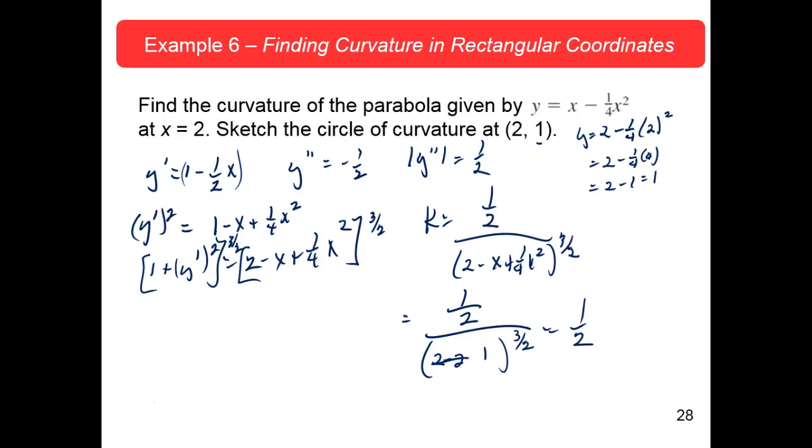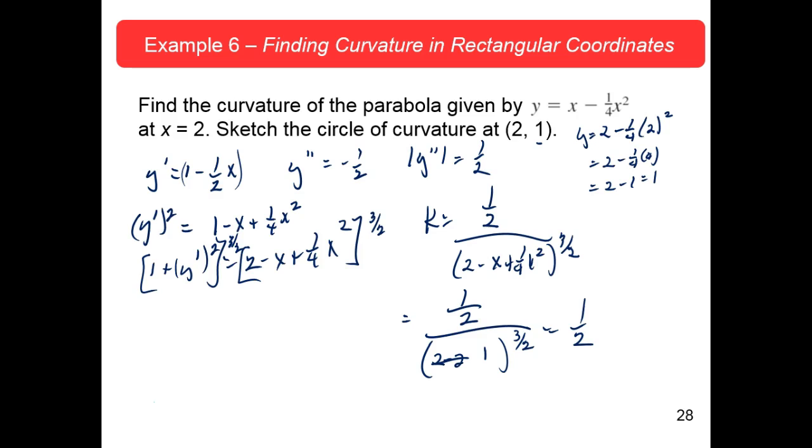Since the curvature is 1/2, the radius of curvature there is 2. So the center of curvature, now here's where you almost have to have the graph to do this at this point. And they did draw the graph.